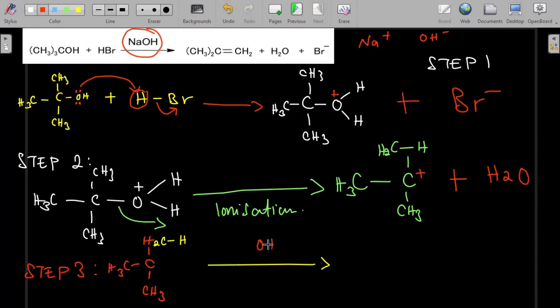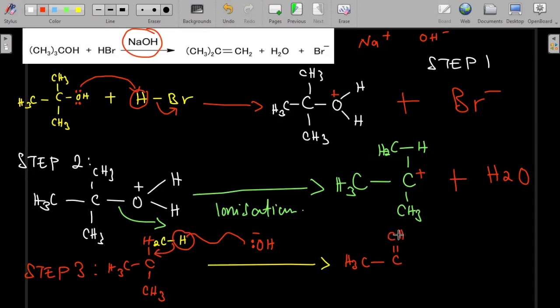So the OH minus here, with its lone pair, is going to come and grab this hydrogen there. And then the electrons that were being shared here are going to collapse into that bond there. So what is going to be formed will just be H3C bonded to C, double bonded to, because the electrons there have come into this bond now.